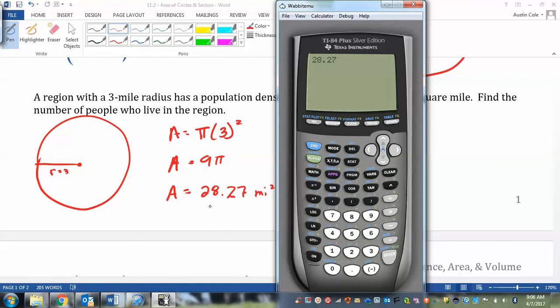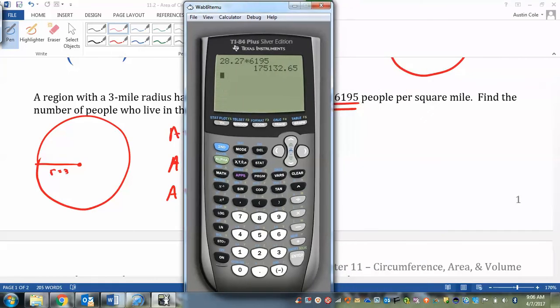28.27, and yeah, if you guys actually have the actual calculation rather than the rounded, I think that's better, times 6,195. Cam, does that make sense? So in this region, 175,132 people. Is that what you guys got? Okay, so this is a good one.